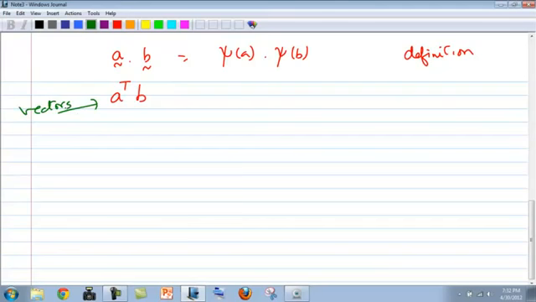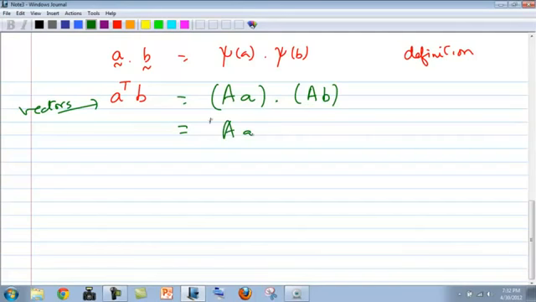And what is psi of A going to be? This is going to be A times A, dot product with A times B. Now how do I capture this dot product? What I have to do is to take the transpose of one of these guys.